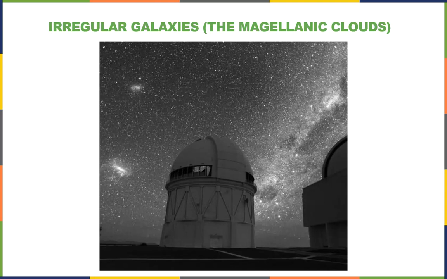Now this picture here shows the large and small Magellanic Clouds. One guess, which one's the large one? Clearly, the lower one is the large one because it's bigger than the other as observed from here. So this is the large Magellanic Cloud, and the small Magellanic Cloud.